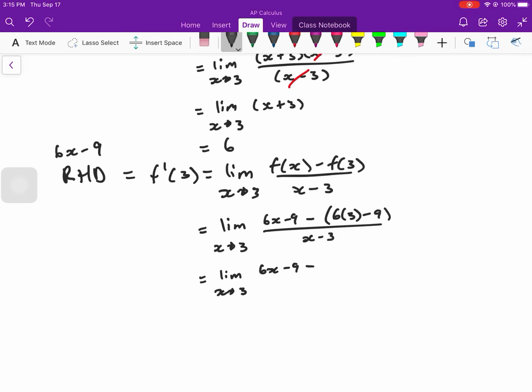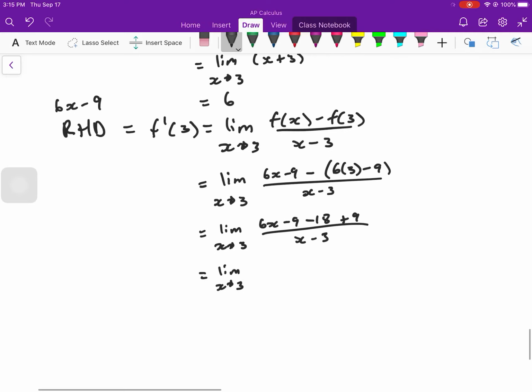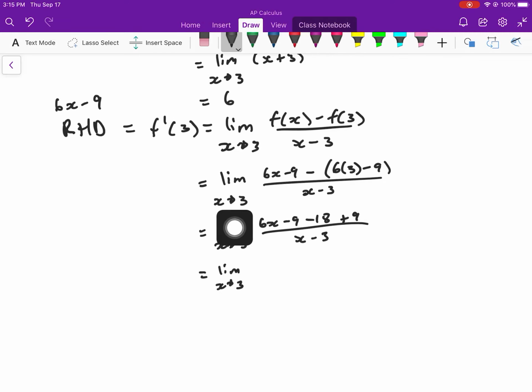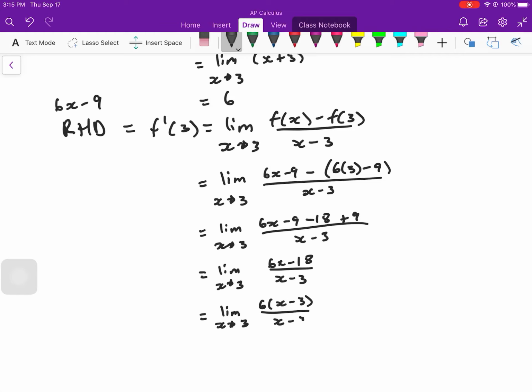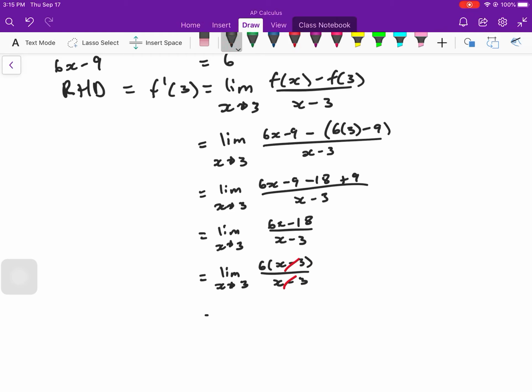So we get 6x minus 9, then minus 18 plus 9 over x minus 3. And then negative 9 plus 9 goes away, so we have 6x minus 18. Factor out the 6. X minus 3's cancel out, and we're just left with 6.